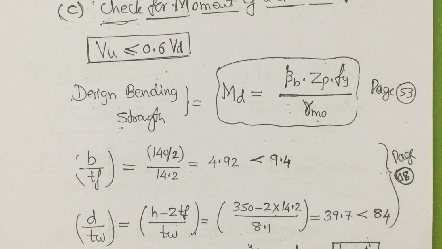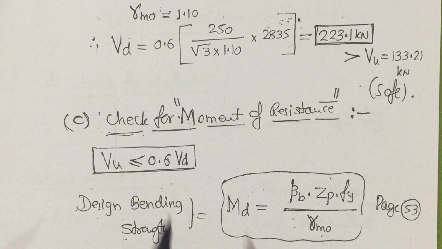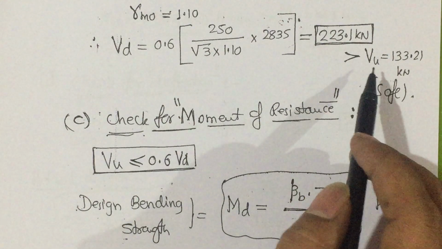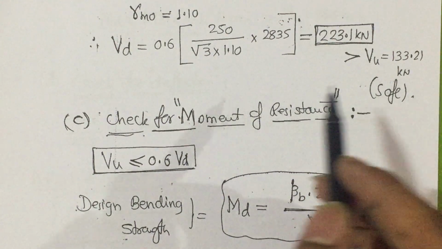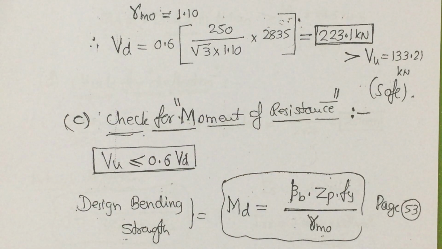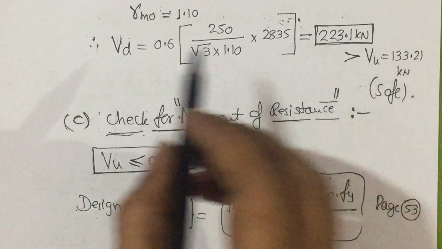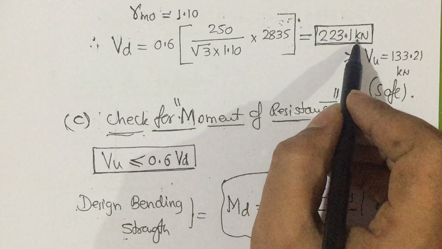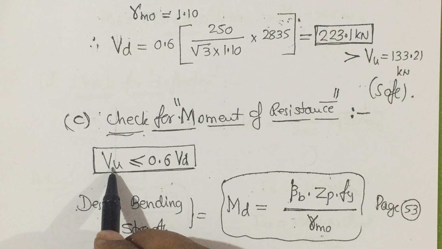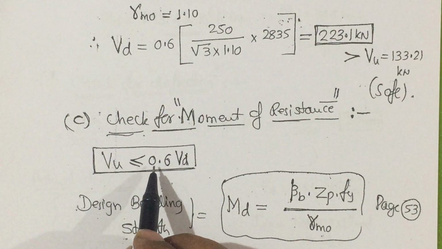One minute, I will show you here. Since this Vu value is less than 0.6 times Vd, you can check it. How? We got the Vd value as 223.1, multiply by 0.6 and compare with Vu, and check whether Vu is greater than 0.6 Vd or less than.